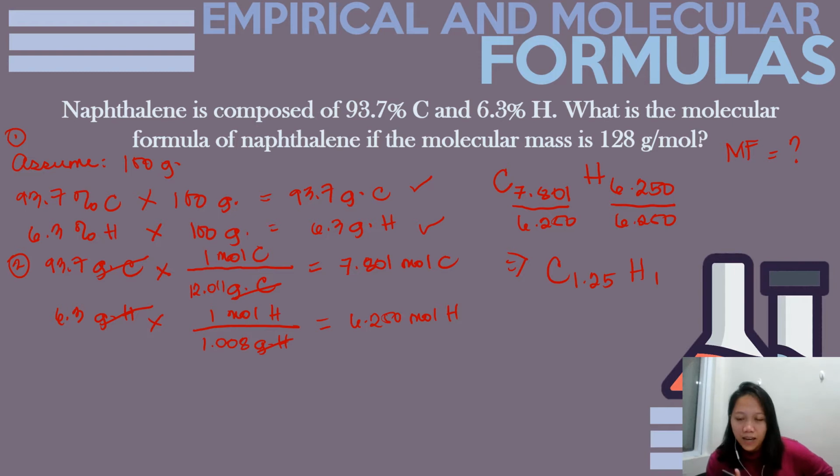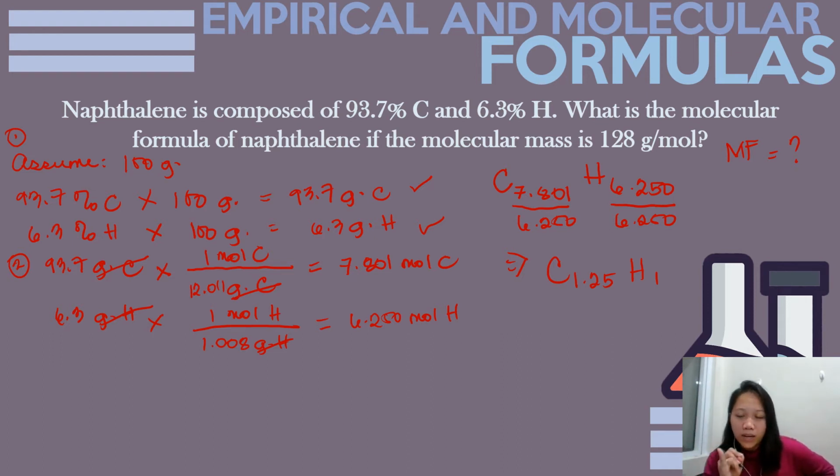Again, another problem. Because we have here a 1.25 value. 1.25 is a decimal number pa rin. So, we need to make sure na magiging whole number siya. So, it's a trial and error process. What number are you going to multiply 1.25 by for you to get the first whole number? First whole number ha.